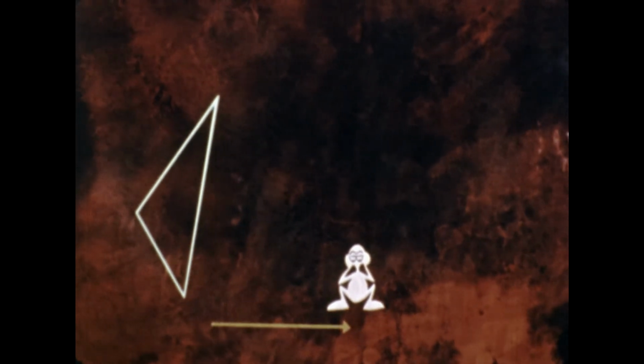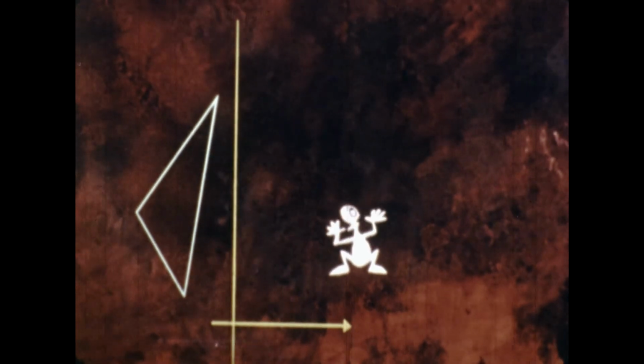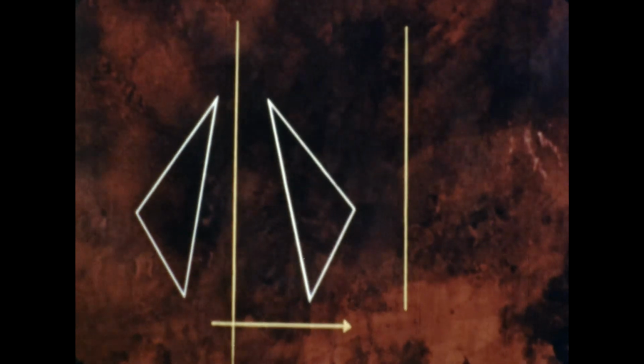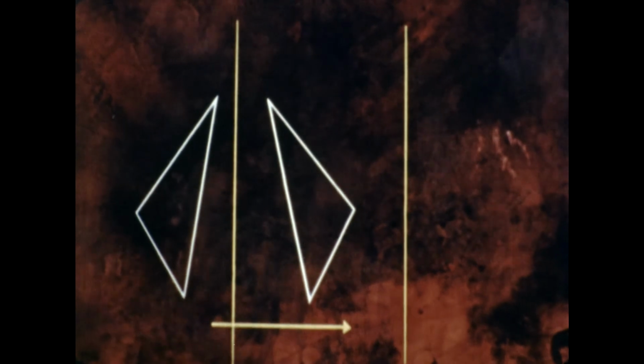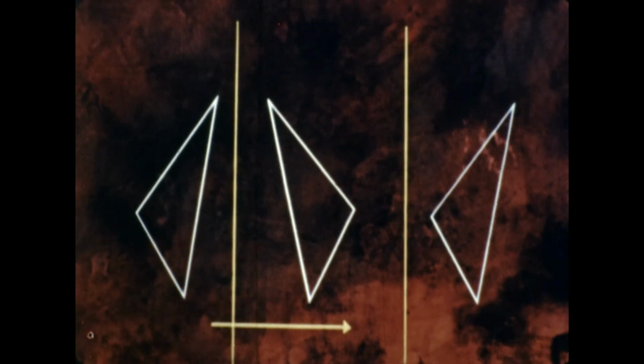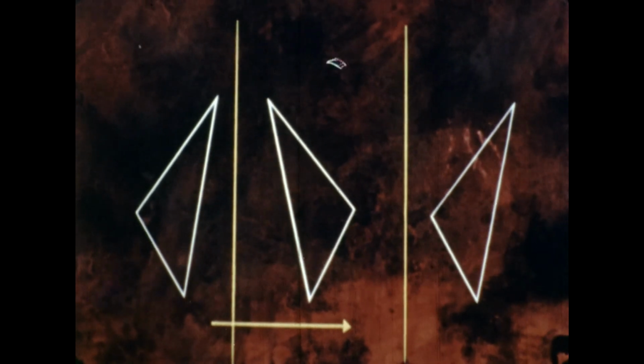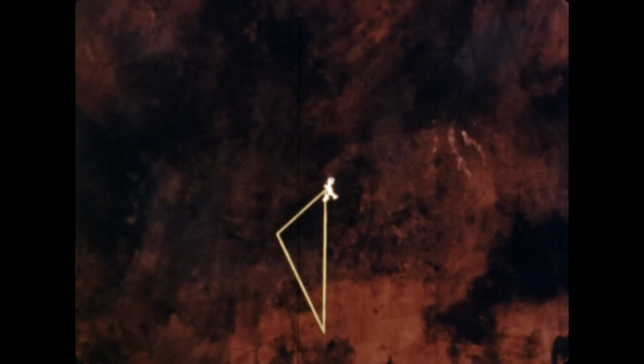It is important to note that a translation may be obtained as the result of two reflections about parallel lines perpendicular to the direction of translation, one after the other. Rotation is yet another type of rigid motion.